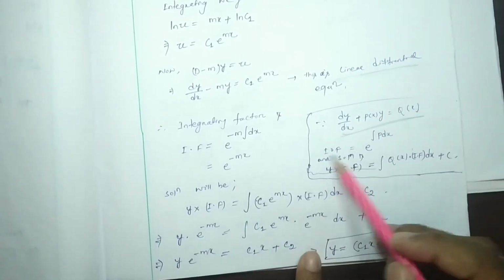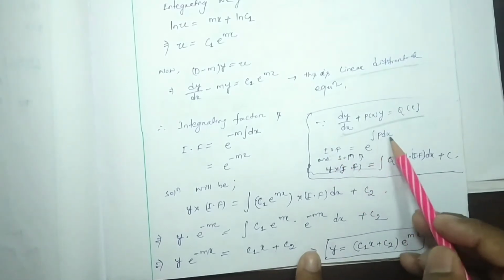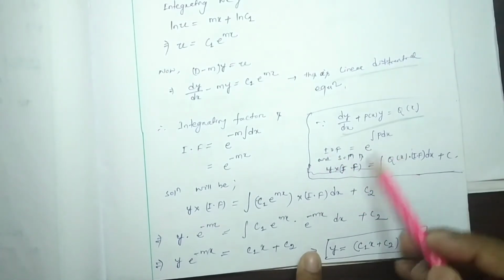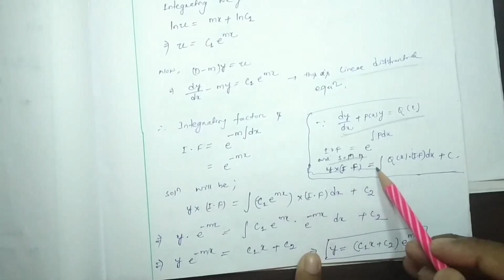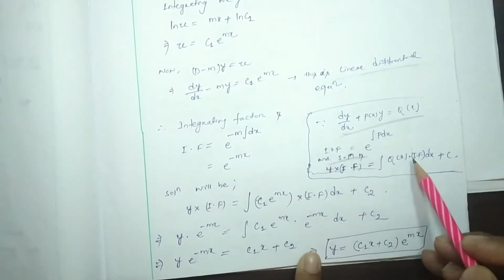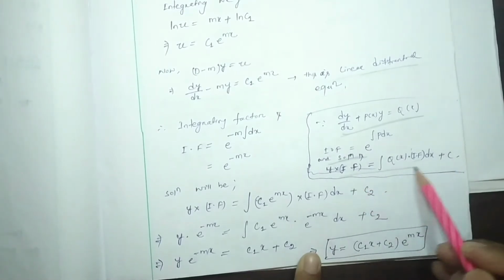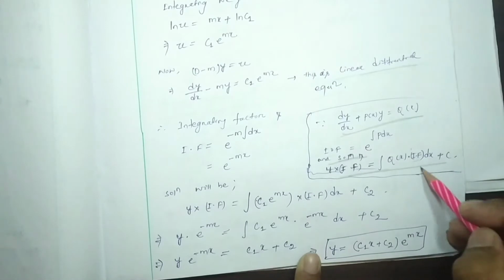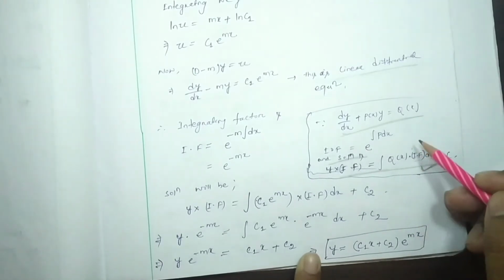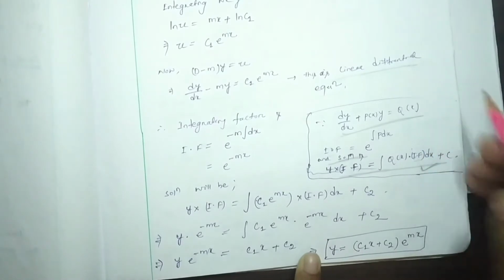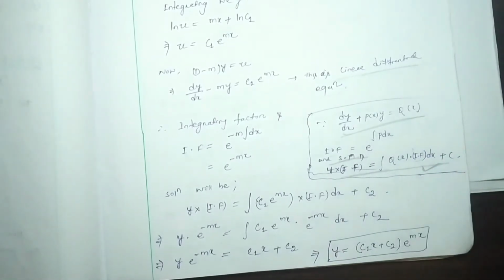So the integrating factor will be e to the integration of P dx, and the solution is y into integrating factor equal to integration of Q(x) into integrating factor dx plus c. We have already studied these things in our first semester, and I just recapped them. You should recall them quickly, and then we have to move forward.